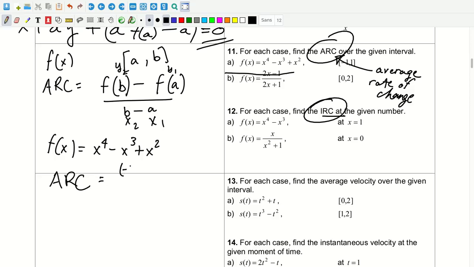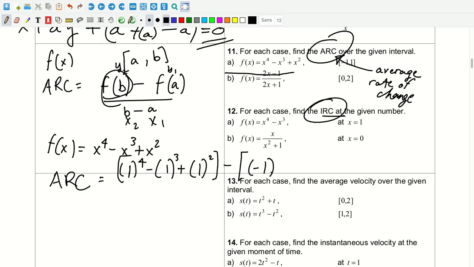It's negative 1 to the 4 minus negative 1 to the 3 plus negative 1 squared, all in one bracket. That's f at positive 1 actually, sorry. Positive 1 comes first. So f at 1 minus f at negative 1.